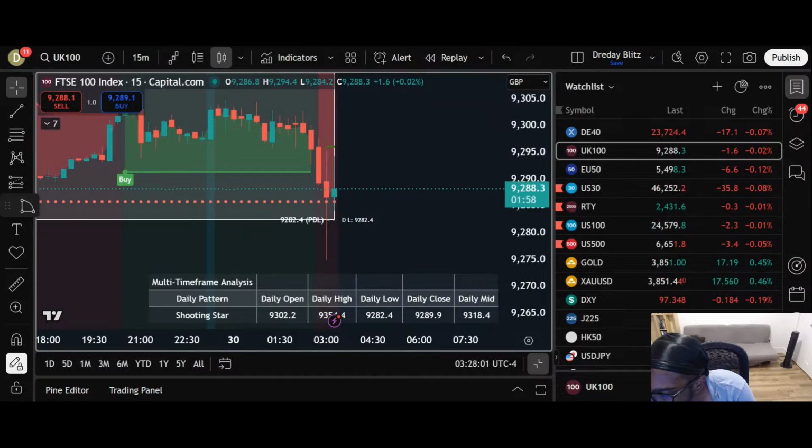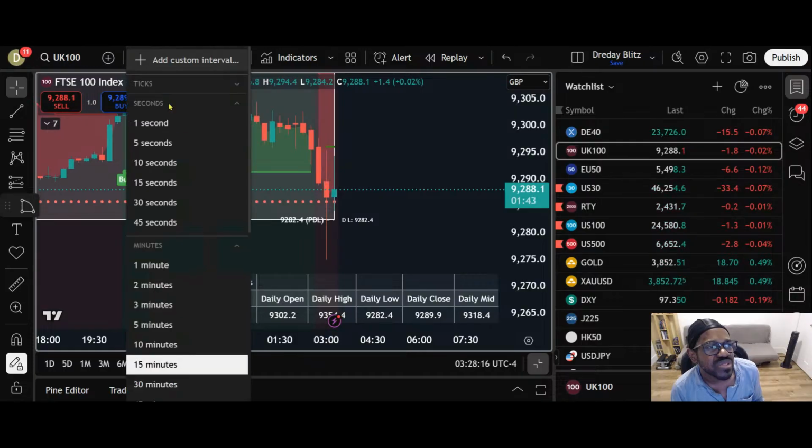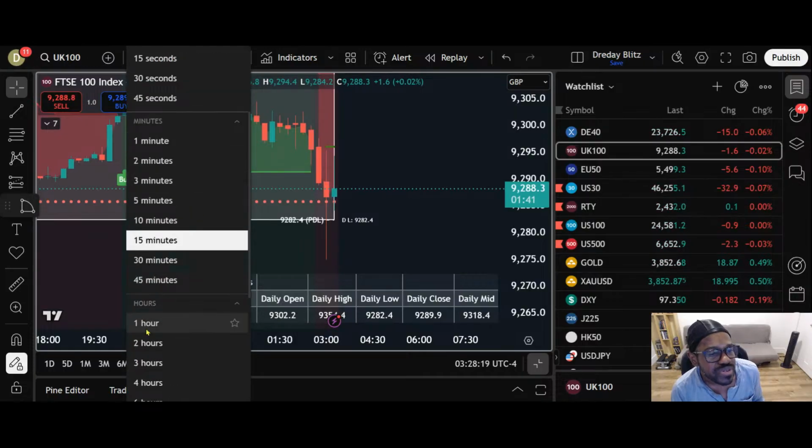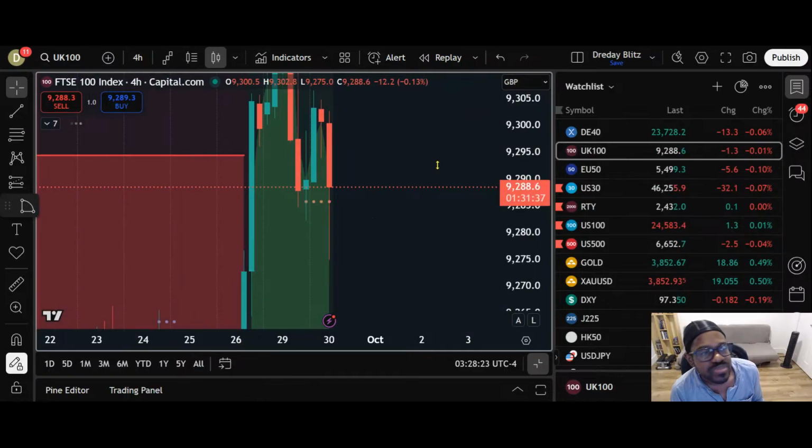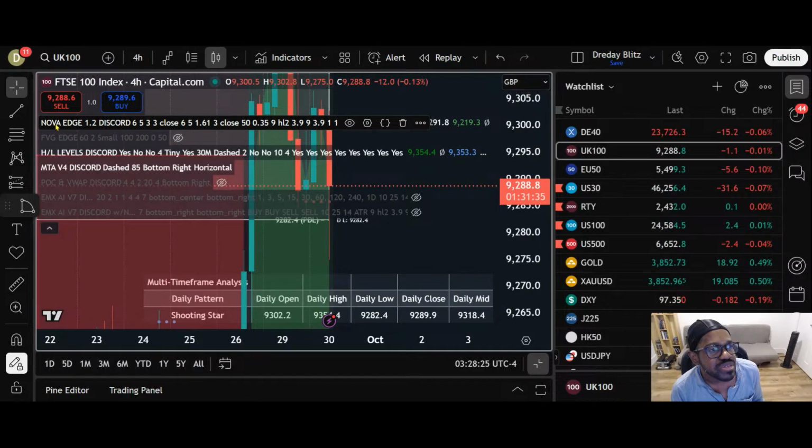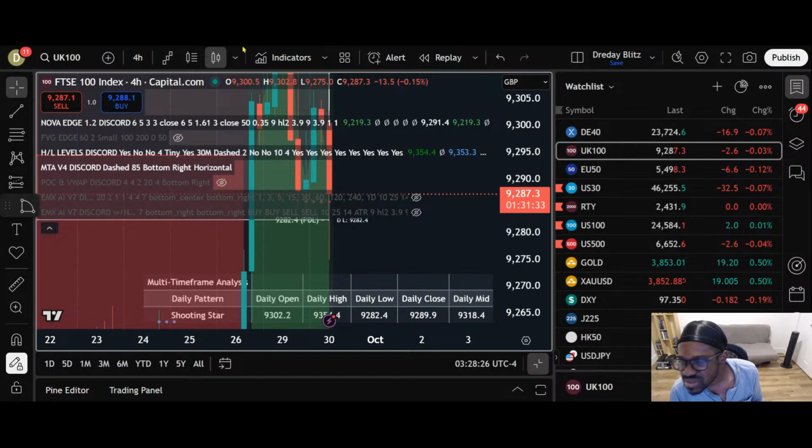Price action took liquidity below previous day low and is reversing. So 4-hour, let's see. Looking at UK 100 on the 4-hour, and you see the EMX.